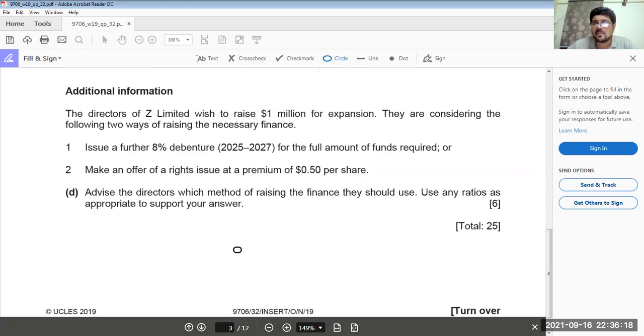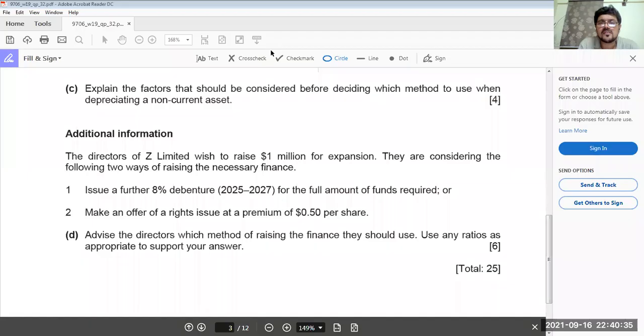Now, here the problem is gearing. When you have to decide between equity and debts or liabilities, you have to use the gearing ratio. Getting my point clear? Now see, if we are wishing to raise $1 million through debentures or right issue, this is the thing.